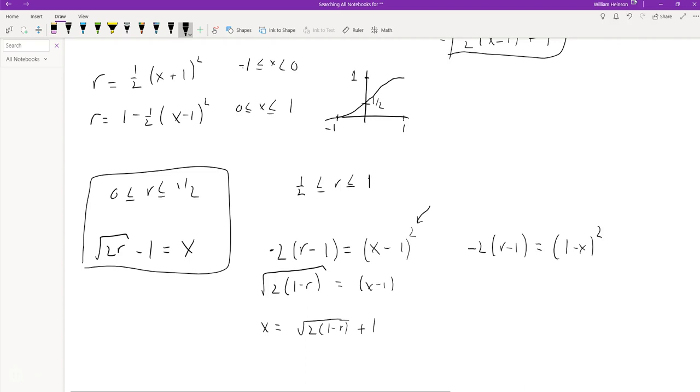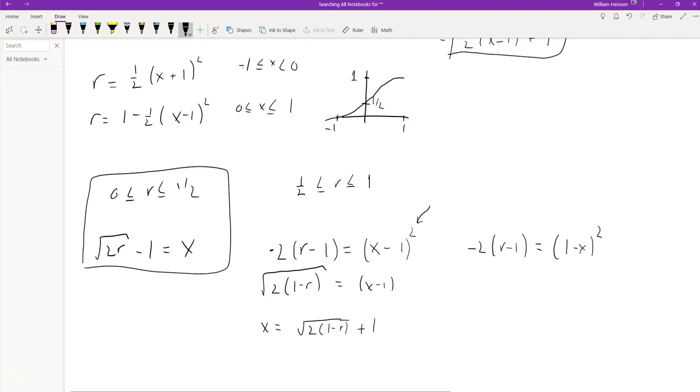Equivalent, right? All I did is multiply by negative 1 here. Negative 1 squared is 1, so really I just multiplied by 1, right? Yep.